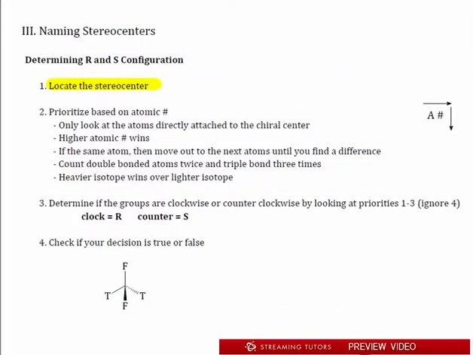Now, the next thing is that we want to look at the direct attachments to our chiral carbon. And we ask ourselves who has the higher and who has the lowest atomic number. The lowest atomic number has the lowest priority. The highest atomic number has the highest priority. So here's a little trend that you can remember for atomic number. It increases going to the right and down the periodic table.